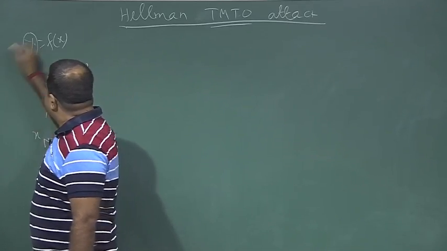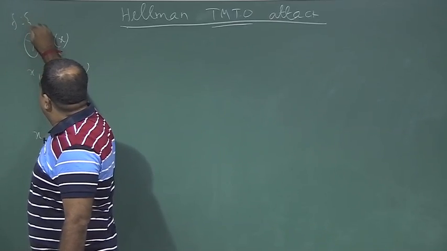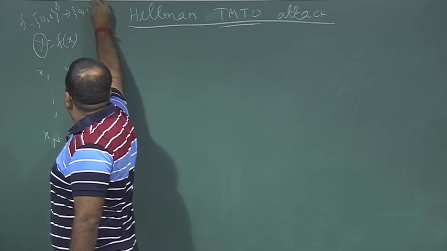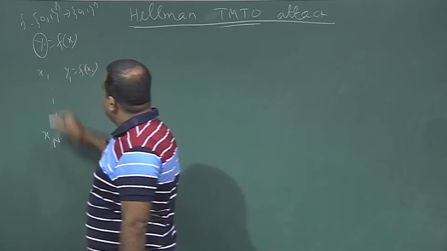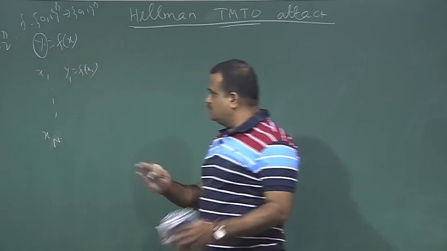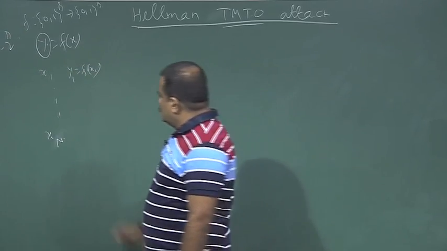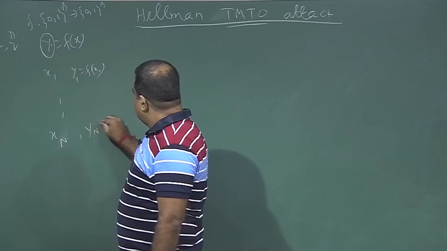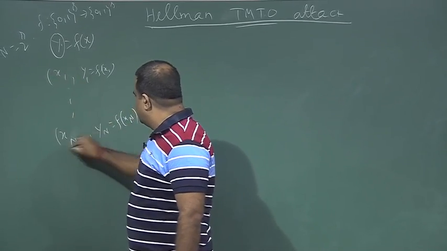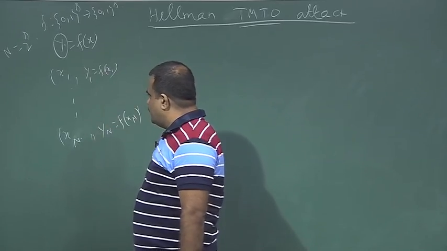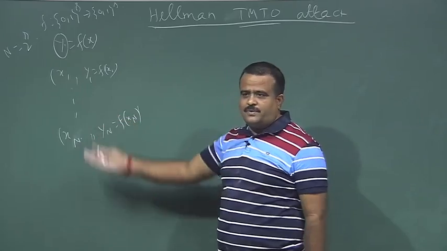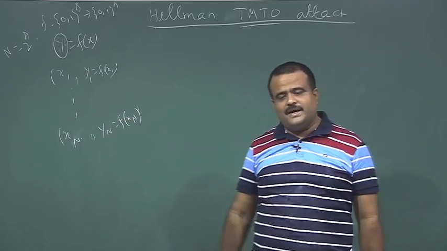Here f is from s bits to s bits, so we have n equal to 2 to the power s possible values. Then yn equals f of xn. Basically we are storing these pairs in increasing order of the endpoint. This is the offline phase, or the pre-computation phase.